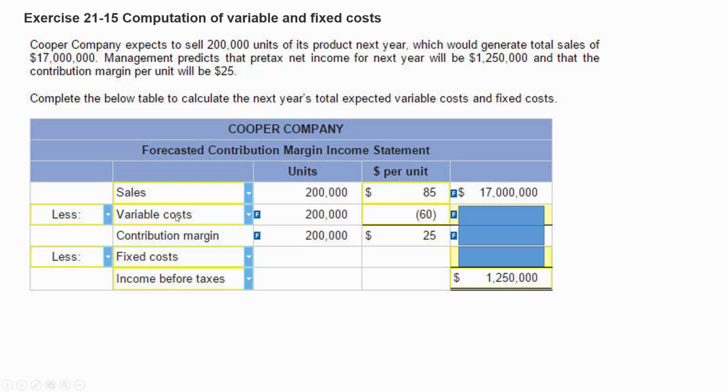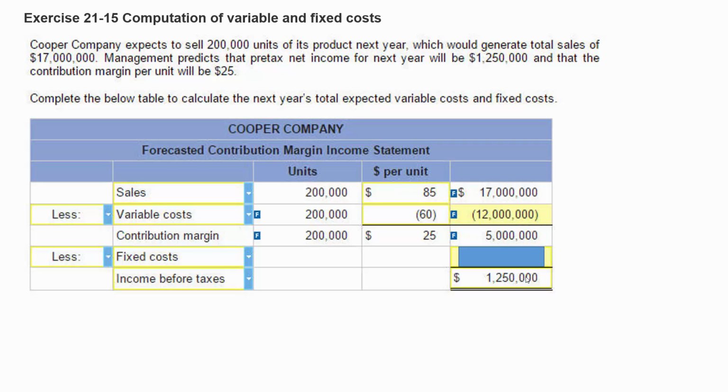And now variable costs. If you know that variable cost per unit is $60 and the total units are 200,000, then 200,000 times $60 will give you the total variable costs, which are $12 million. And if you know contribution margin is going to be based on 200,000 units at $25 per unit, then the total contribution margin should be $5 million.